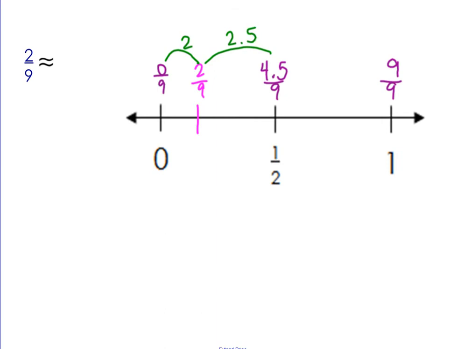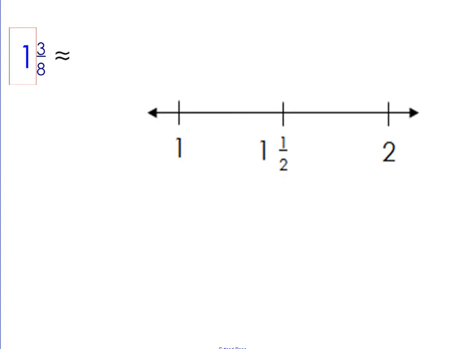So what I've determined is that since 2/9 is 2 away here but 2.5 away from here, it is closer to 0/9, which is our benchmark fraction 0. So 2/9 is approximately 0.